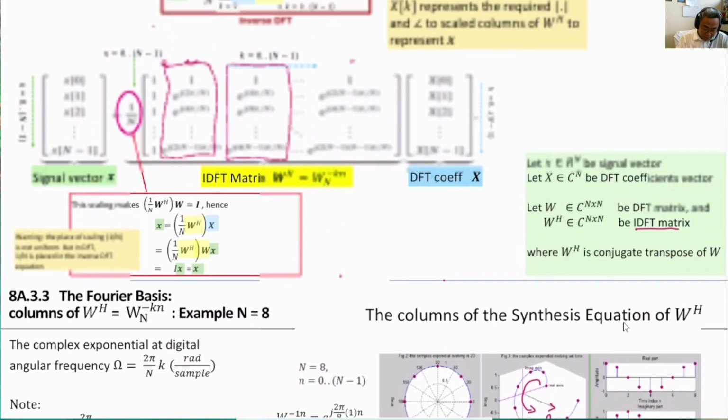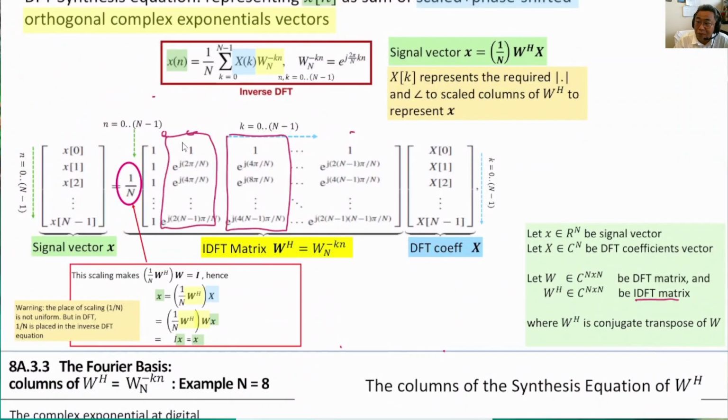So let's go back. I've shown you k equals 1, the first column, k equals 2, the second column, and then of course you can go up to k equals 7, the last column, moving faster and faster. What about k equals 0? Why is it all 1?